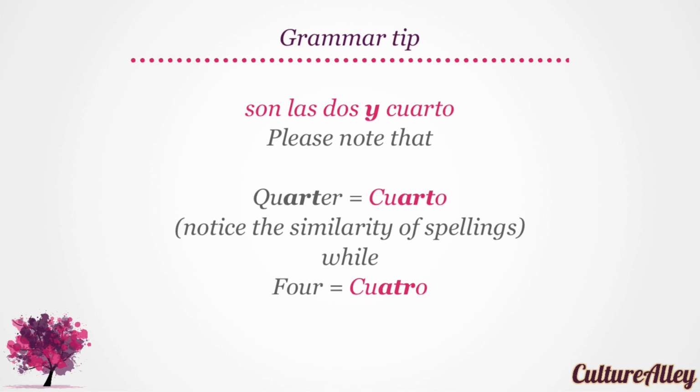Notice the similarity in spellings of both. There is a very slight difference. Cuarto is C-U-A-R-T-O, and cuatro is C-U-A-T-R-O. The difference is in R and T. It's TR in cuatro and RT in cuarto.